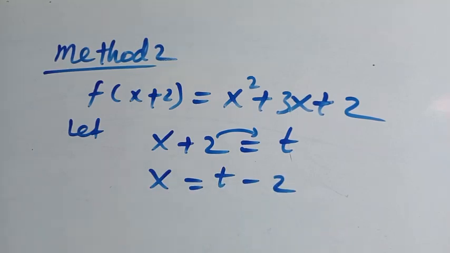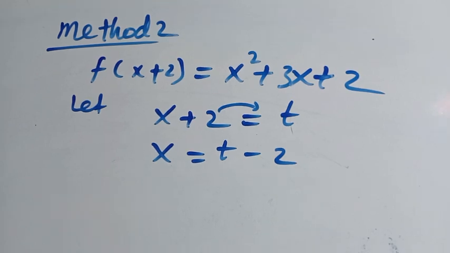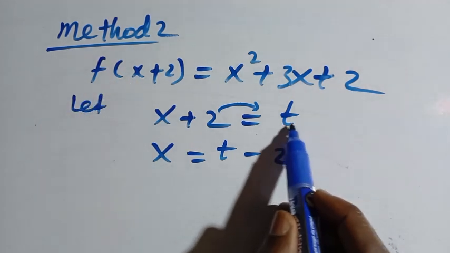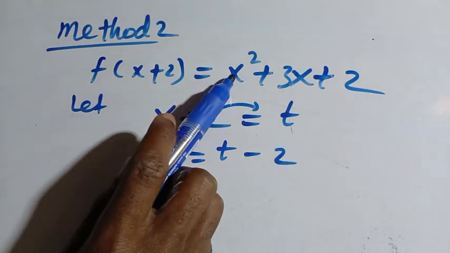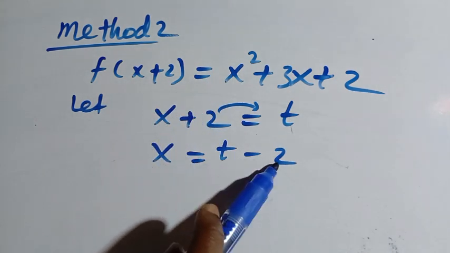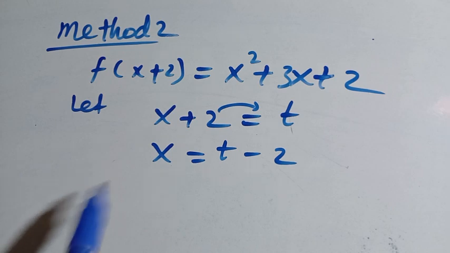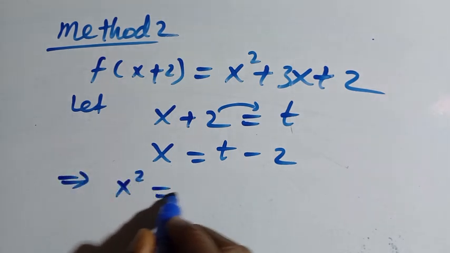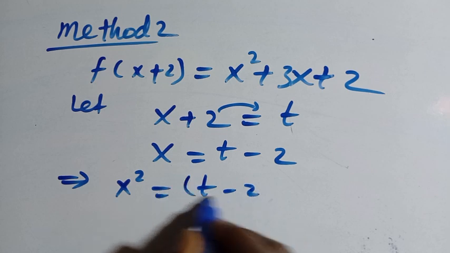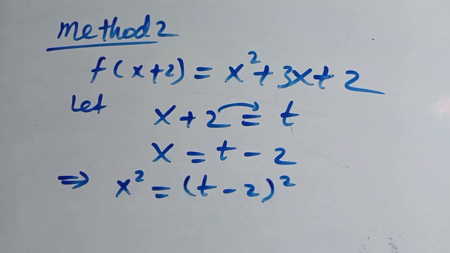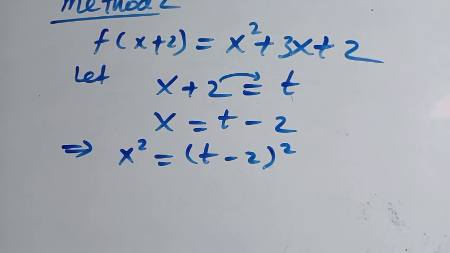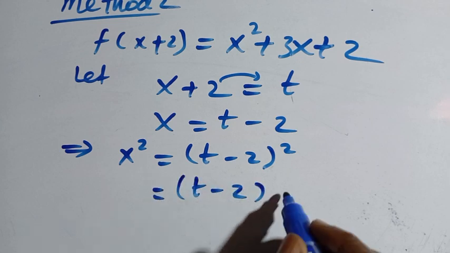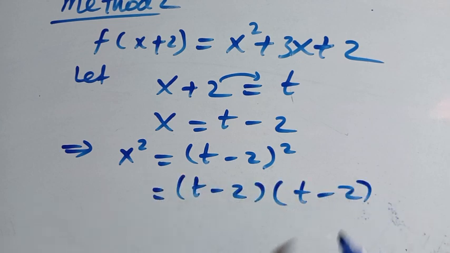Then from the given problem, we are going to have f of x plus 2 here, which becomes our t here. Then we have x squared, which is now t minus 2. So let's try to replace this x squared, which is the same thing as t minus 2 squared. When we expand this, we have t minus 2 multiplied by t minus 2.